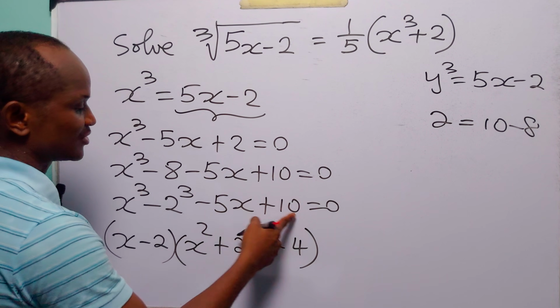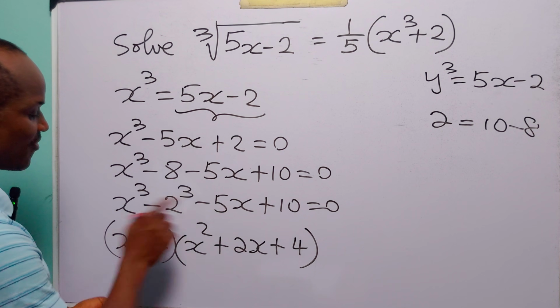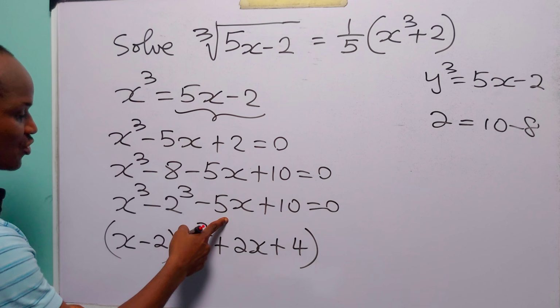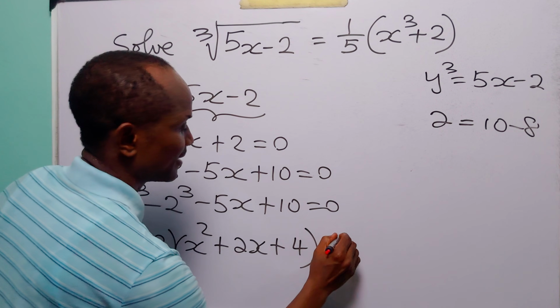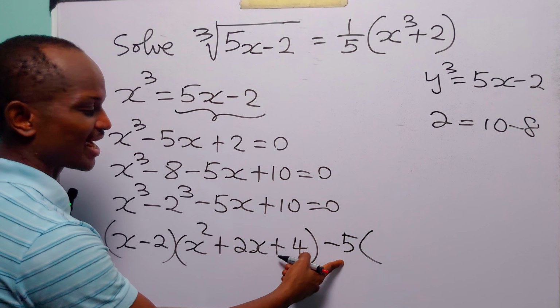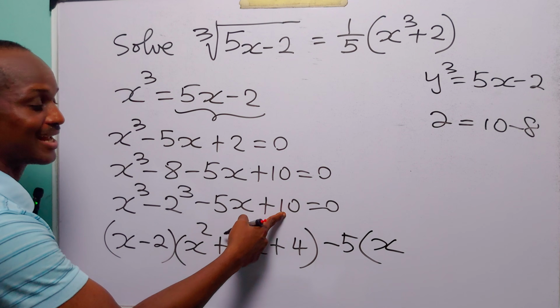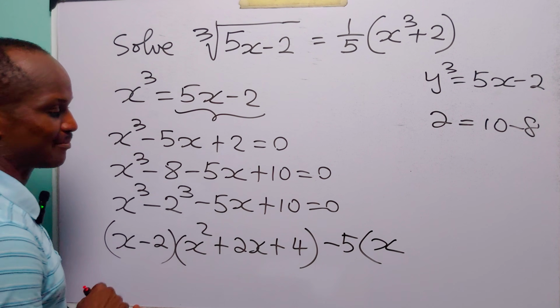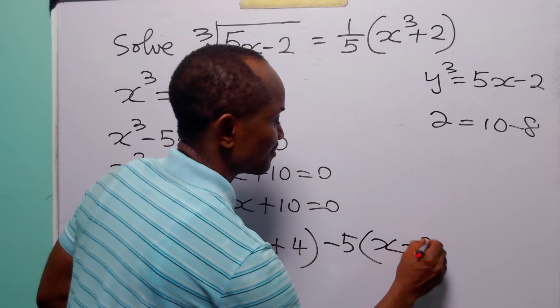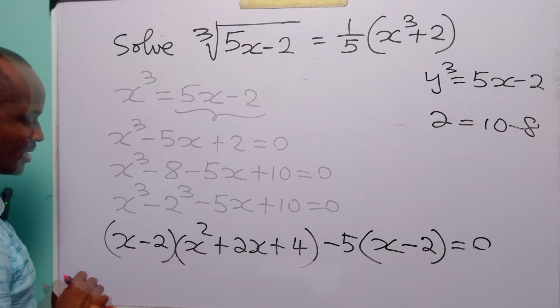Then look at these two. We also have a common factor, which is 5. So from here we have −5 into, −5x divided by −5, of course, is equal to x, and 10 divided by −5 is equal to −2, and this is equal to 0.